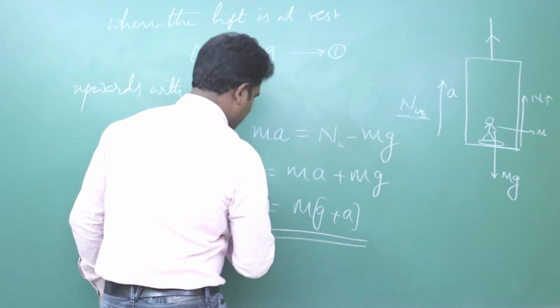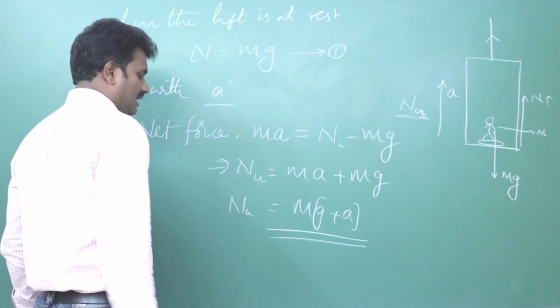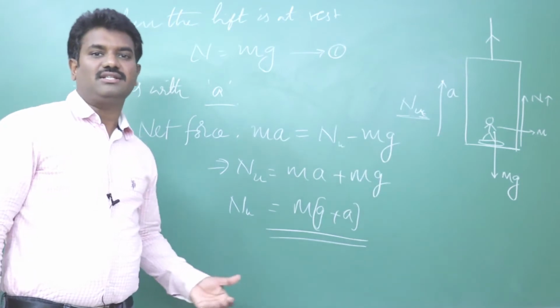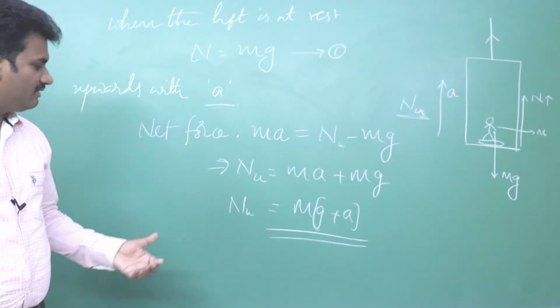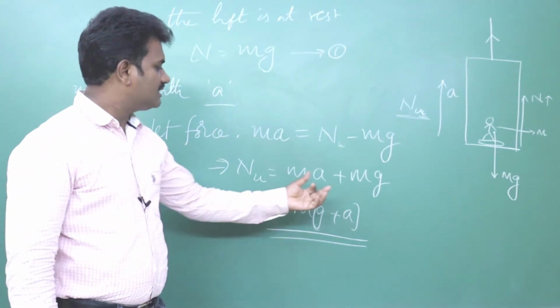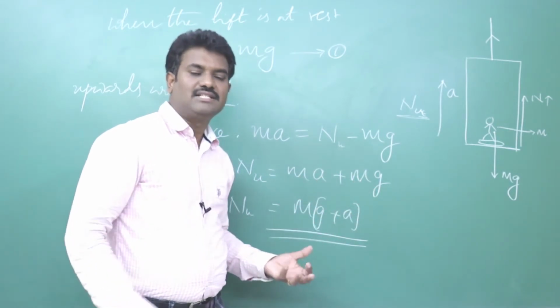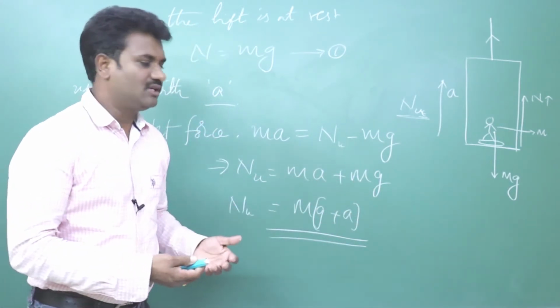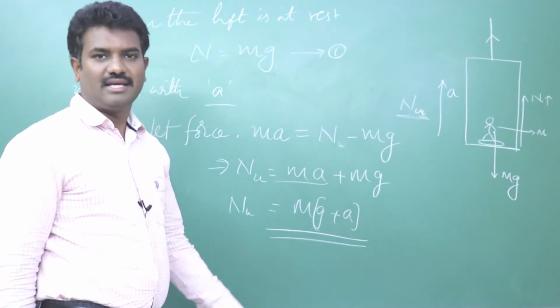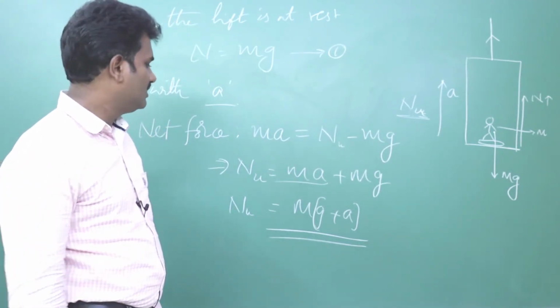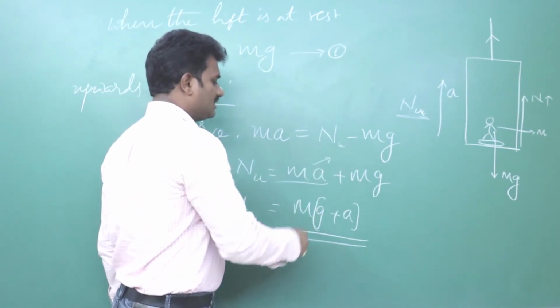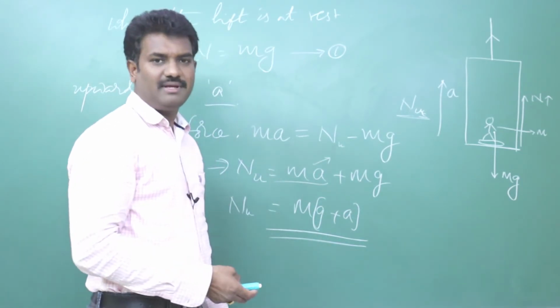So this is the normal reaction, or the apparent weight of the person when he is moving in the upward direction. As ma is added to mg, his weight seems to be increased by ma. Here the apparent weight increases. If the acceleration of the lift is higher, the normal reaction also will be higher.